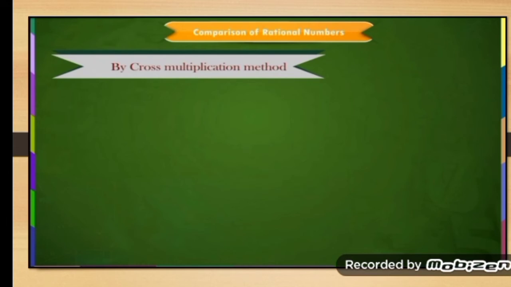If you are comparing two rational numbers and the denominators are negative, then please first make the denominator positive and then do cross multiplication. If you do cross multiplication without making the denominator positive, then your answer will be wrong. So be careful while doing this method.